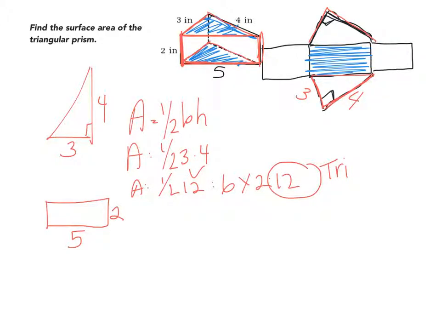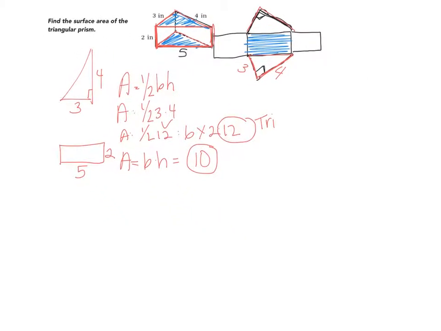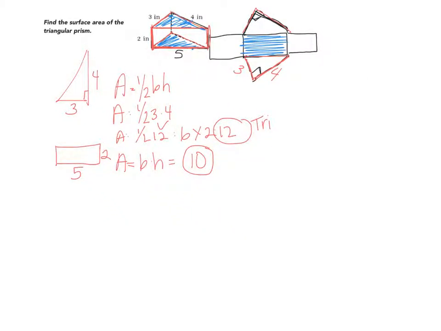So to find the area of a rectangle, we use a different formula. Area equals base times height. So in this case, 5 times 2 is 10, and we're not going to multiply it by 2 because there's only one side. Okay, so now let's look at the other sides carefully. So let's start with this side here.